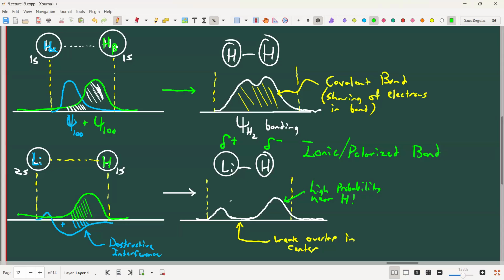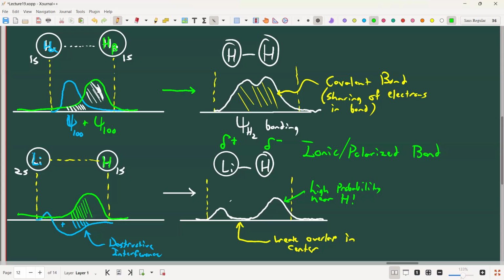In some sense, the major contributor to that polarization is nothing more than the fact that you're mixing a 2s and a 1s, and the 2s changes signs, so you get polarization near the edges of the bond and destructive interference in the center, which polarizes the electrons towards the edges. The wave functions don't overlap in the middle.